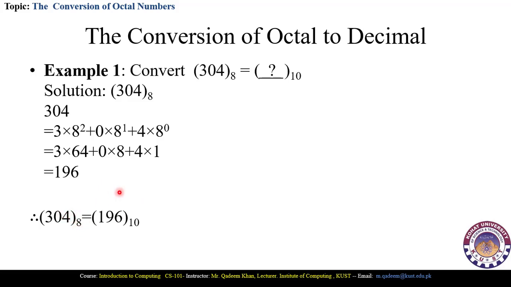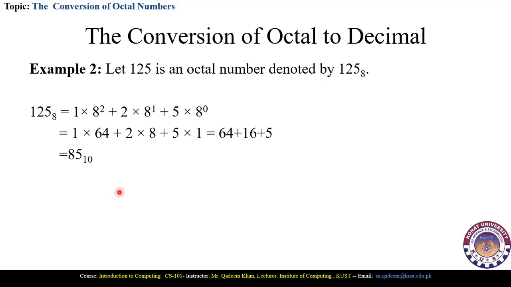Here we will resolve a second example of the conversion of octal to decimal. If you take 125 as an octal number, we denote it 125 to the base 8.